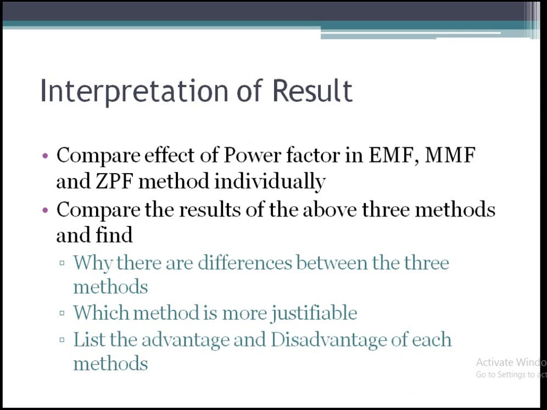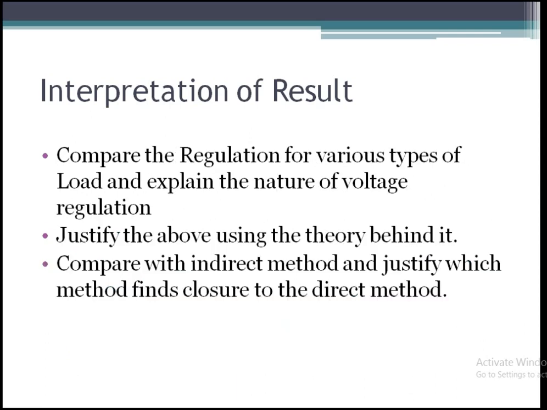Find the reason behind the differences and justify it. Similarly, compare the voltage regulations of inductive, capacitive and resistive loads, what causes the voltage regulation, what is the nature of the voltage regulation, and what causes the difference in behavior of the machine with respect to voltage regulation for the 3 different types of loads. Identify these things based on the theory taught in the class.